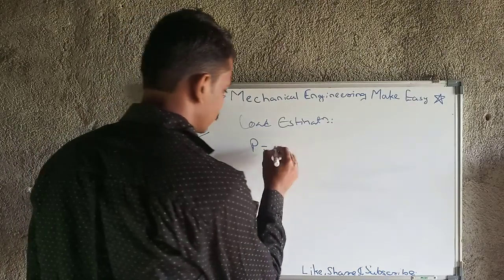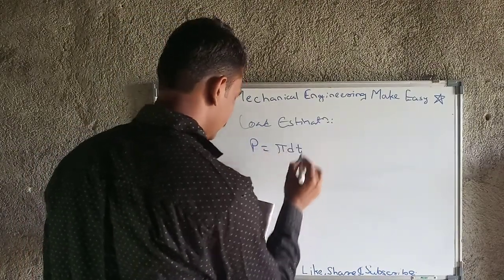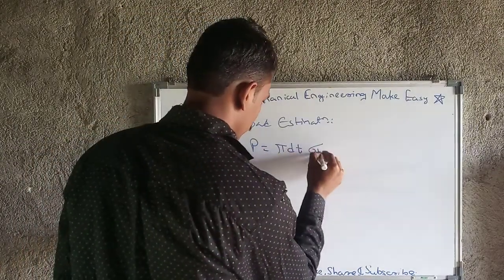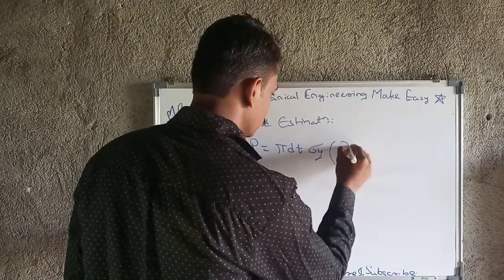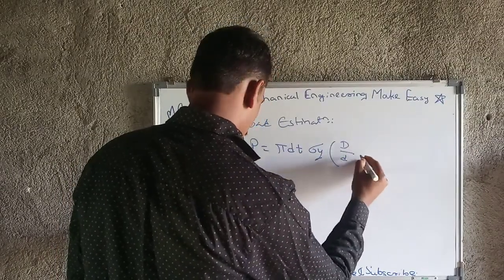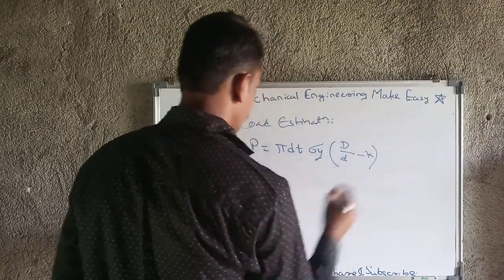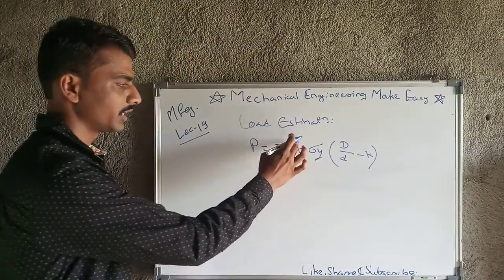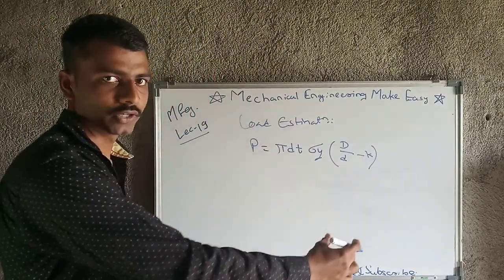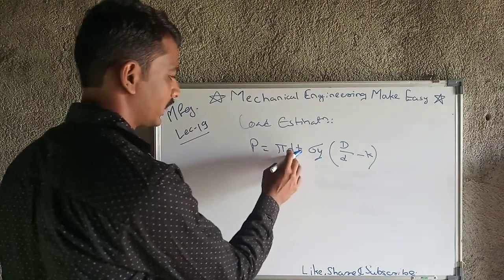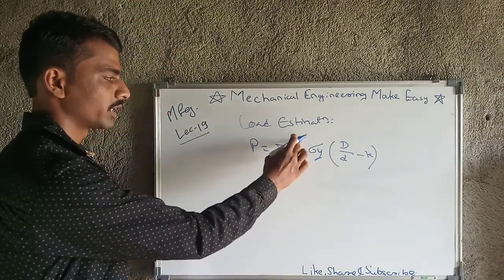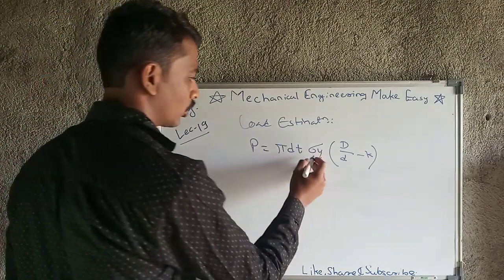Okay, so that will depend on pi d t sigma y into capital D upon small d minus k. So pi is constant, d is nothing but the diameter that I have shown in the figure, the diameter of the output component, t is the thickness of the sheet.